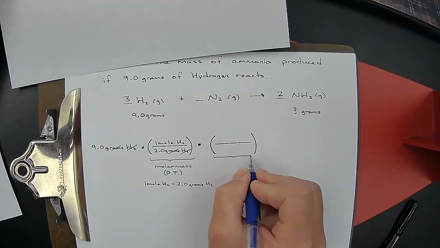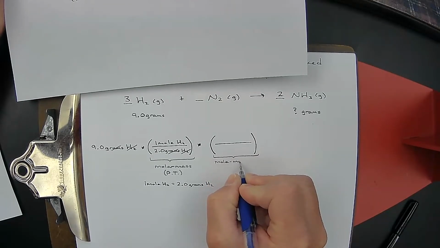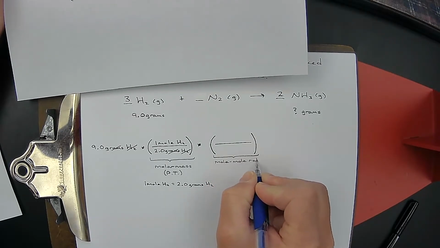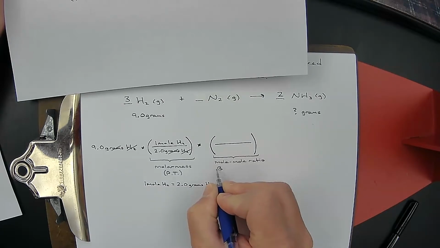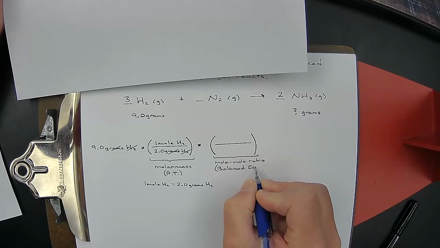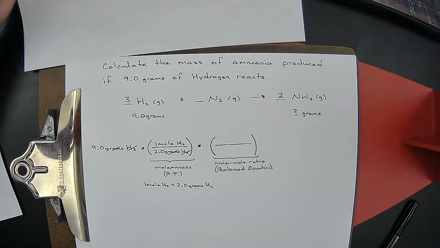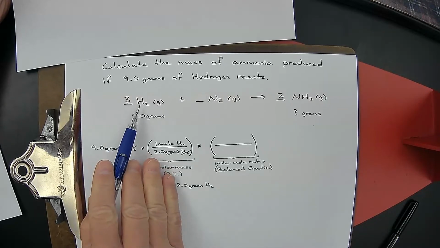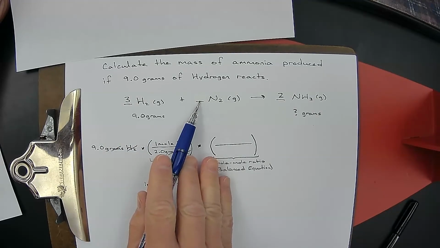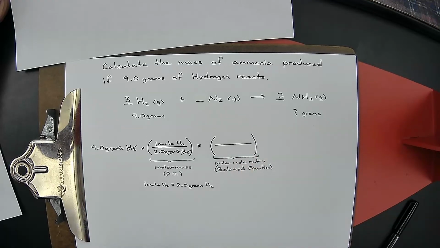So we're going to look at the balanced equation and look specifically at the mole-to-mole ratio. And that comes from our balanced equation. So there's lots of mole-to-mole ratios here. Remember, there's 3 moles of H2 for every 1 mole of N2 for every 2 moles of NH3.